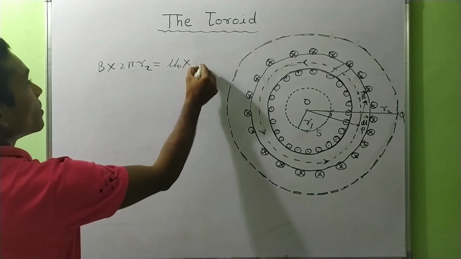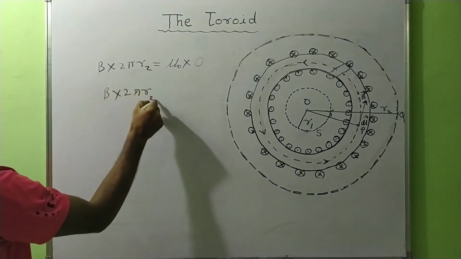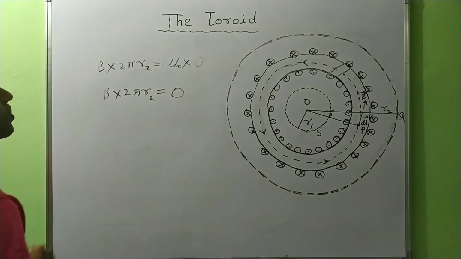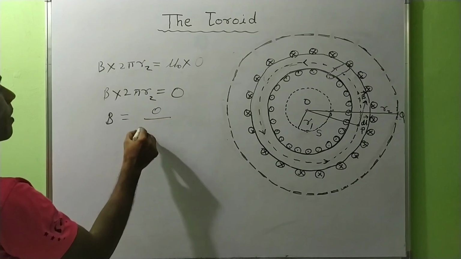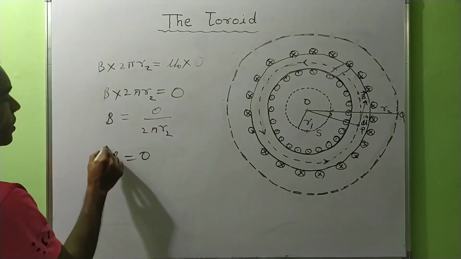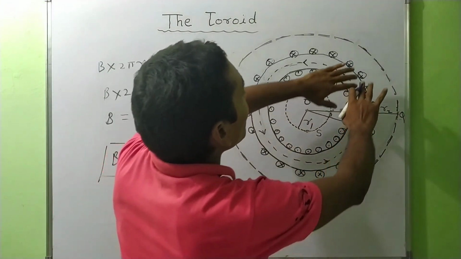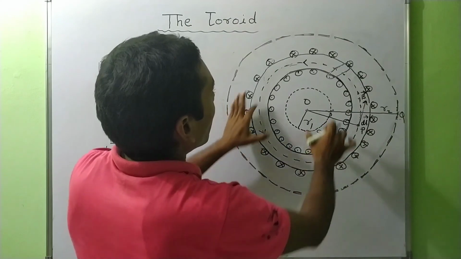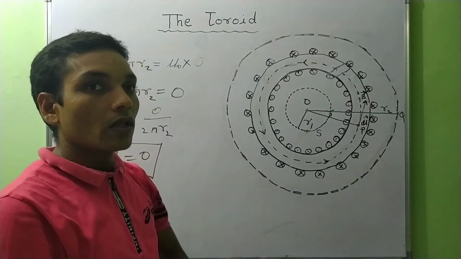So B into 2 pi r2 will be equal to 0, or B equals 0 upon 2 pi r2, or B equals 0. The strength of the magnetic field in the exterior space of this toroid is also 0.